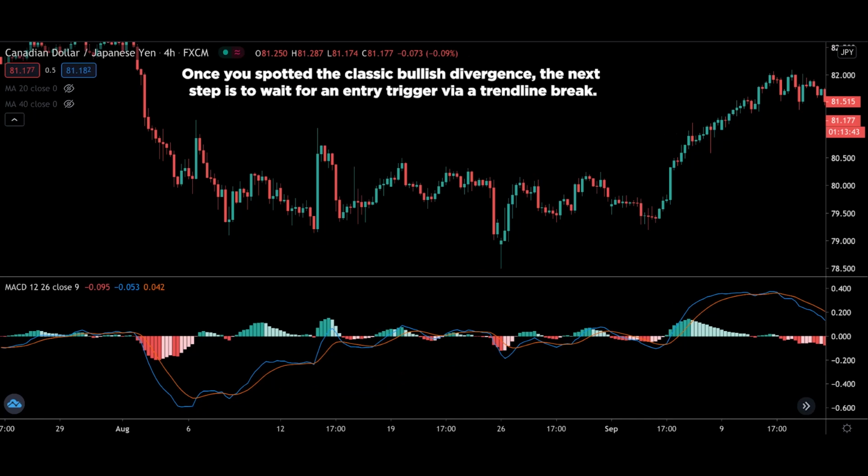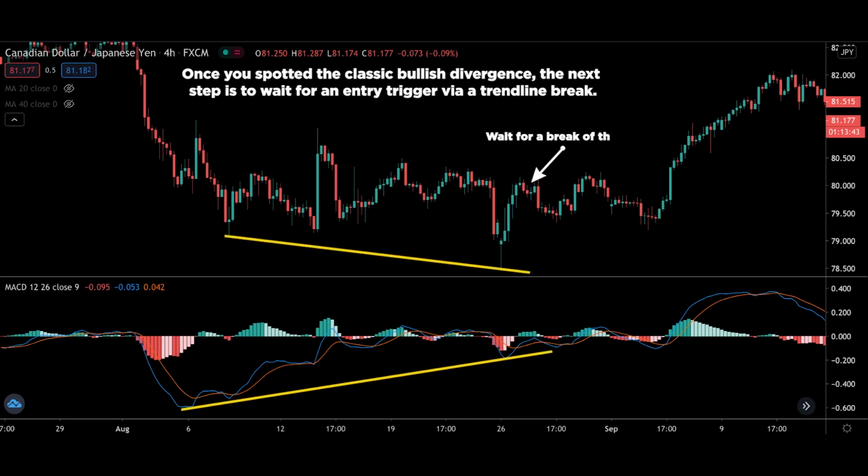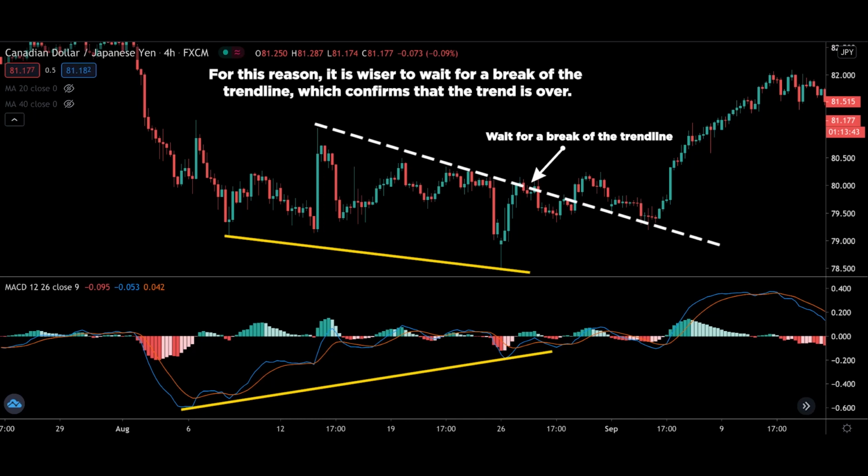So once you spot the classic bullish divergence, the next step is to wait for an entry trigger via a trendline break. I've cautioned in my previous video that it is not wise to enter whenever you see a divergence. Why? Well, because price can carry on to trend long after a divergence is spotted. So for this reason, it's wiser to wait for a break of the trend line which confirms that the trend is over.